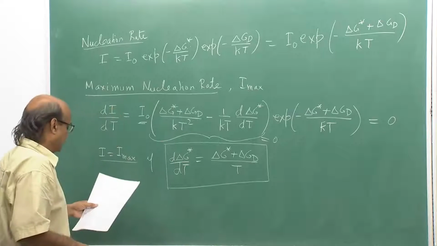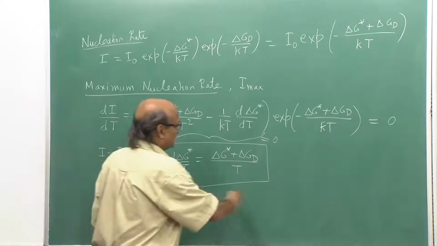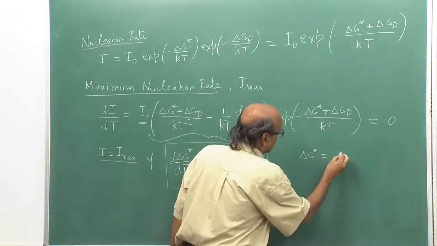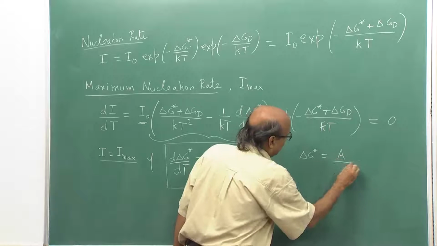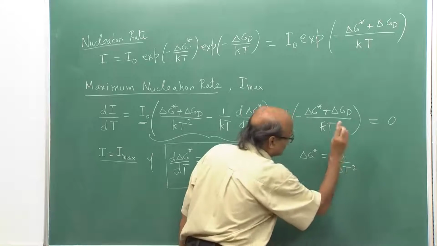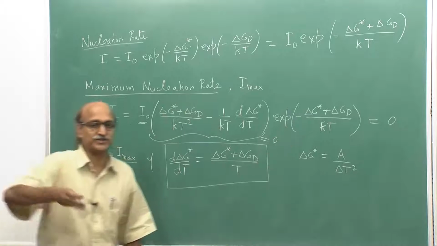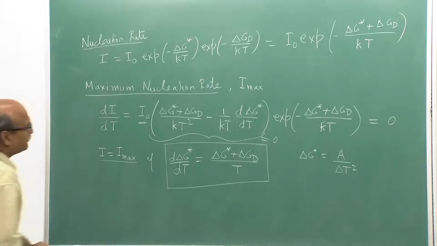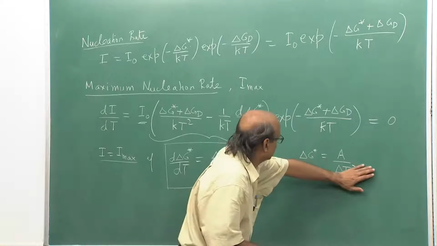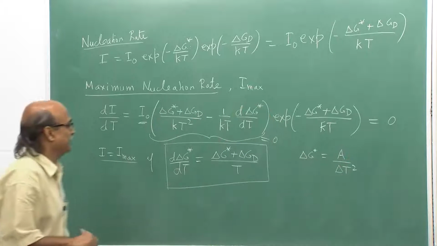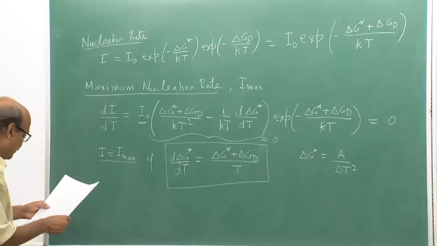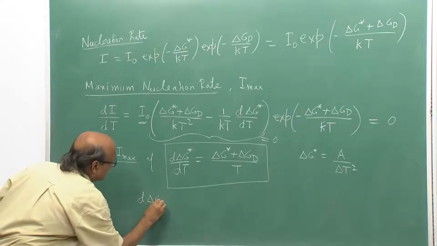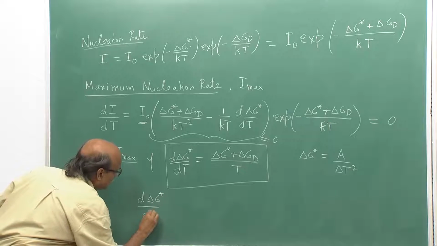Now, let us look at delta G star. We have already seen that delta G star can be written as A upon delta T square, where A is a function of delta Hm, Vm, Tm, and so on, all constants.